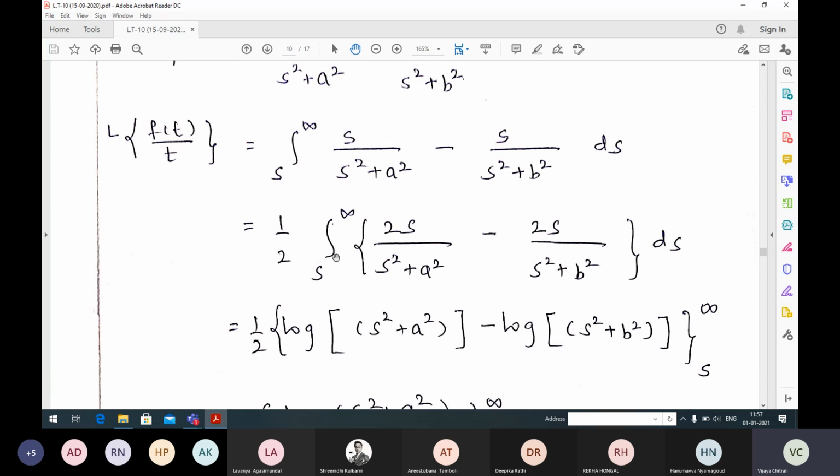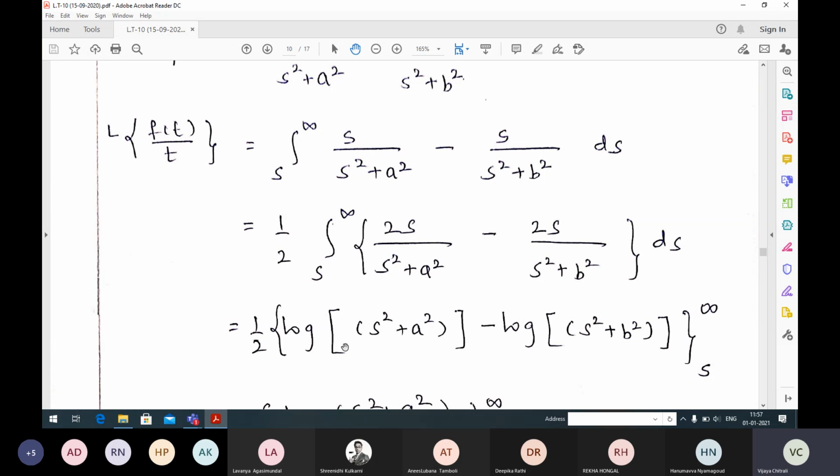So integration from s to infinity, we have multiplied 2s divided by s square plus a square, minus 2s divided by s square plus b square. For both the terms we have multiplied 2. So whatever we have multiplied, we have to divide because we need to balance the equation. So here divide 2. So 1 by 2.